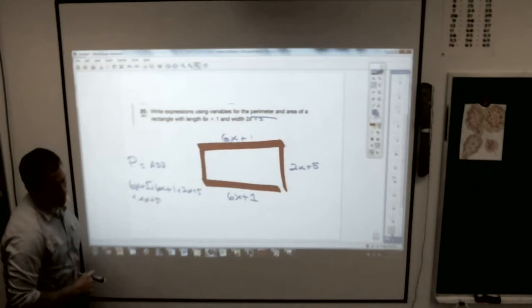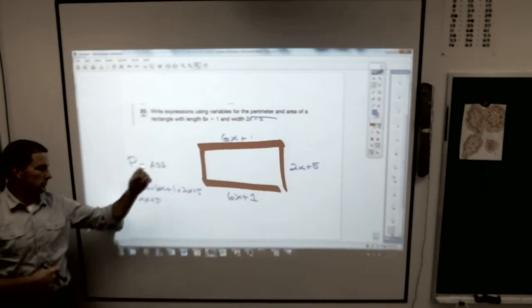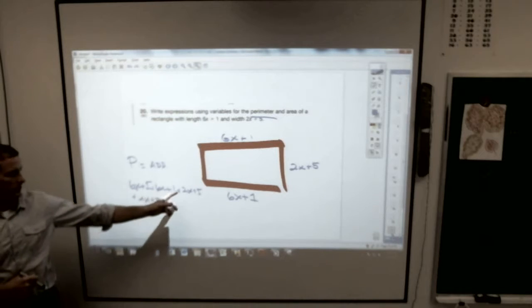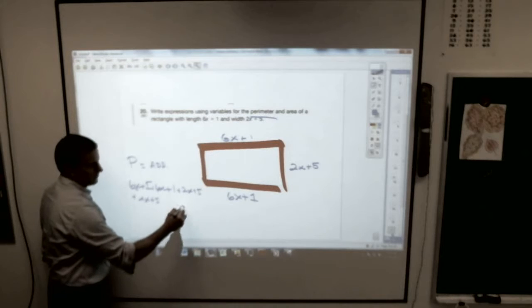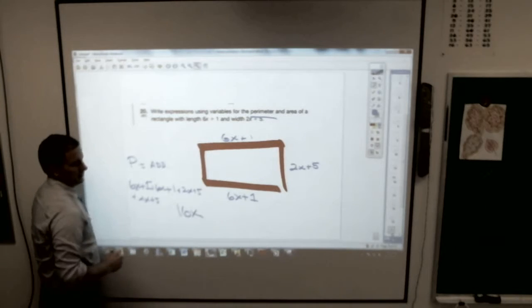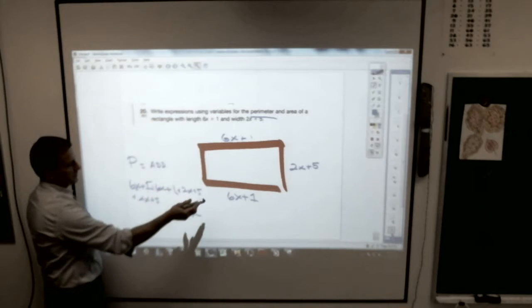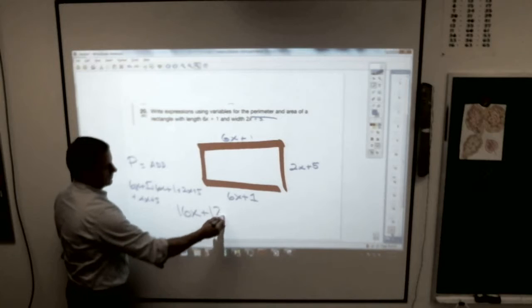So Kate, if you put all those together, how many x's do you come up with? 6x plus another 6x plus another 2x plus another 2x is 6 and 6 is 12, 13, 14, 15, 16 x's, right? We're not multiplying, we're adding. And then if you add the rest of the numbers together, we have 1 plus 1 plus 5 plus 5. I believe that adds up to be 12.